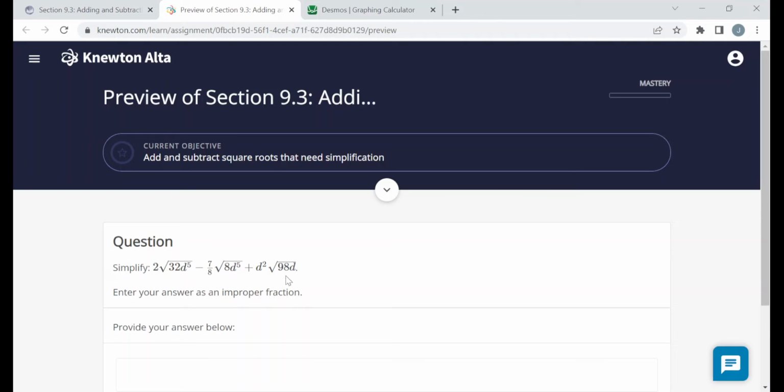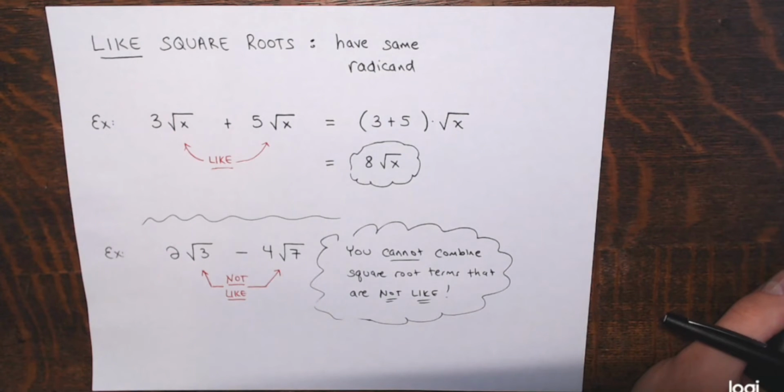After we simplify the square roots, we're going to have some like square roots, and then we can combine like terms, right? So let me go through that here. Let me write out this example.